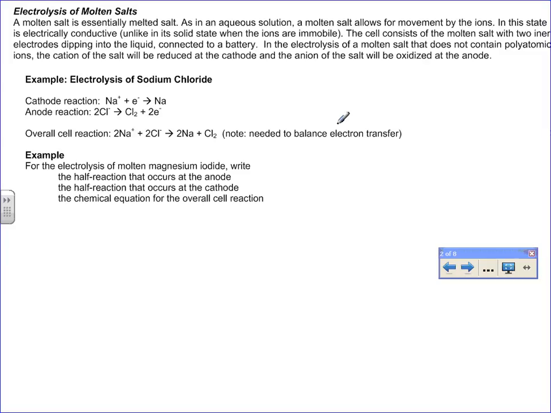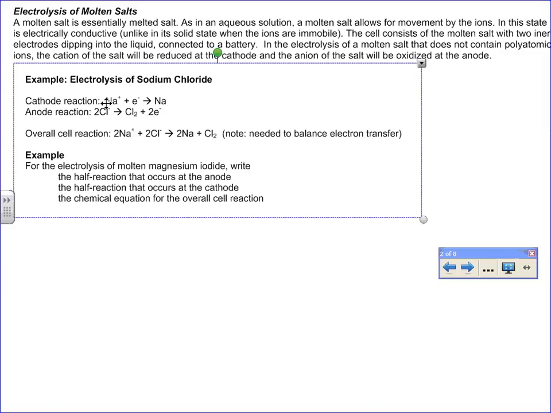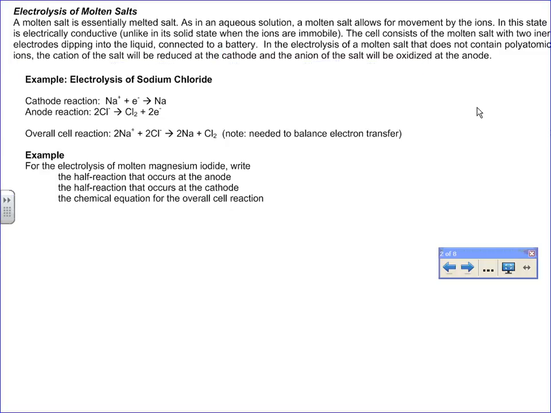So for example, if you've got the electrolysis of sodium chloride, you've got sodium ions that are gaining an electron, and you've got the chloride ions that are losing electrons, which is the opposite of what they would like to be doing, so it makes sense that it would require energy in order to do this. So you've got sodium here gaining electrons.